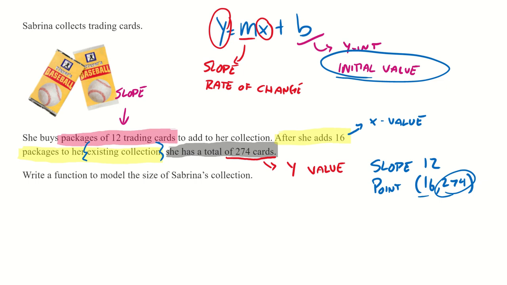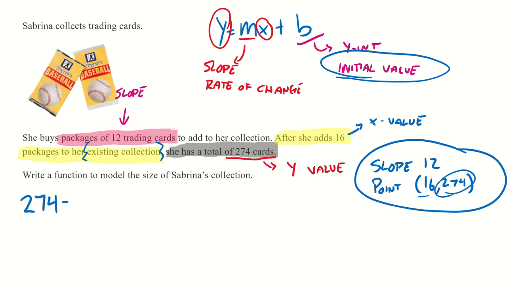So let's find that out. Let's plug this information into our y equals mx plus b. So we get 274 equals 12, our m, times 16, our x, plus some initial amount of cards that she had.